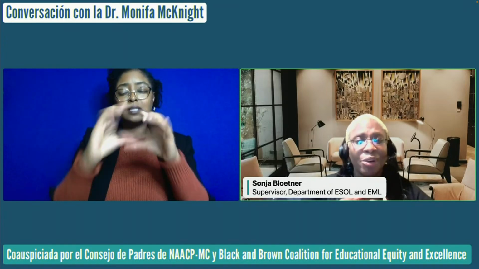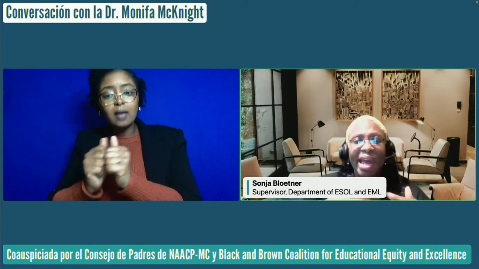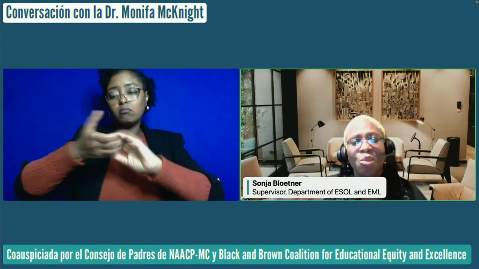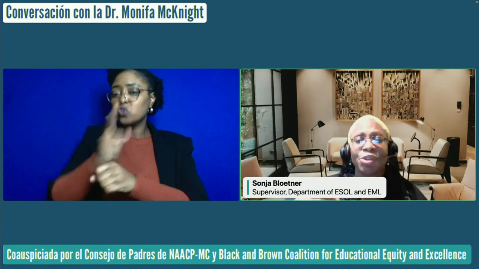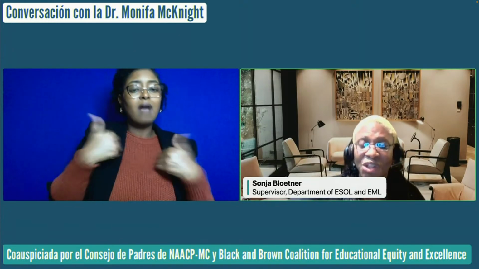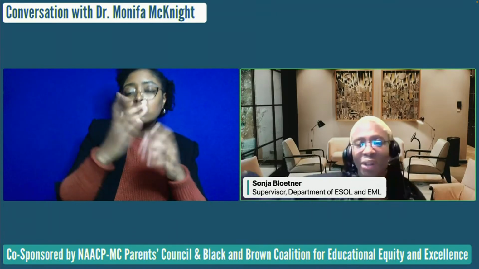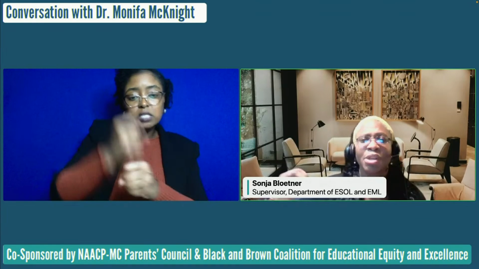We do have a work group, with multiple offices, working on how we can ensure that more of our emergent multilingual learners are accessing advanced courses. We're working on that this year and will continue through several years, so we're setting goals for ourselves.